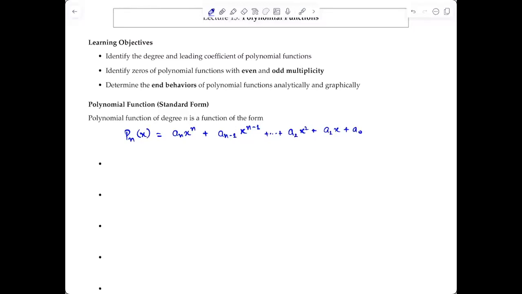This is a binomial because you have two terms. Then you add a2x squared, now you have x raised to the second power. This is called a trinomial, right? So the more terms you add into your expressions with different powers of x, then you have a polynomial expression.